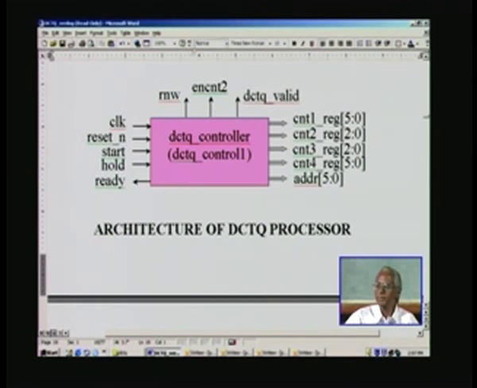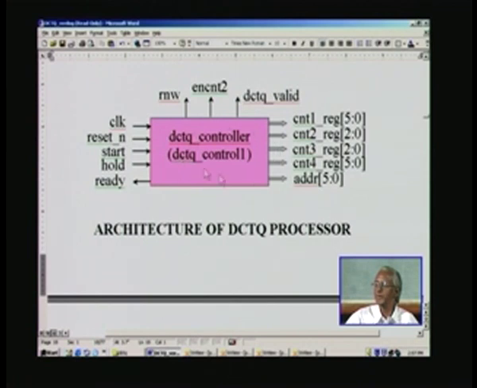We will have to keep track of all the pipelines, then only will we know when to activate this, and we will see a little more detail later on that. Enable counter 2 was required for the DCT register, for storing the partial product, and we also need R and W in order to switch from RAM 1 to RAM 2 in the dual RAM, that is why this signal is here.